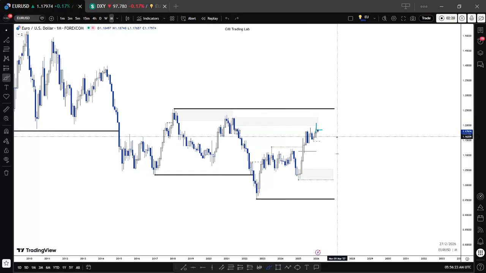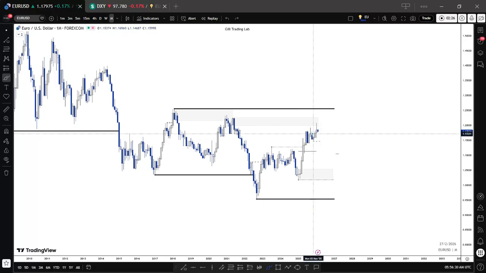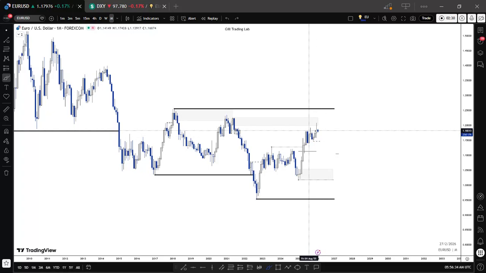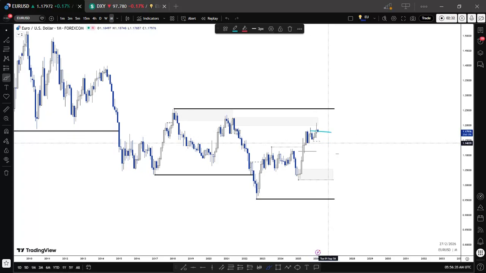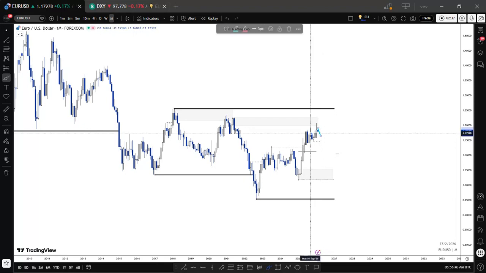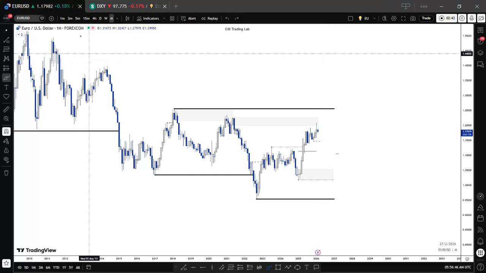Even the wick is not a problem, but the way the range was formed, I'm not really in love with it, and that's why I've decided to delete the demand. So I'll be happy to trade against this zone, targeting the low. So that's all for the monthly time frame.